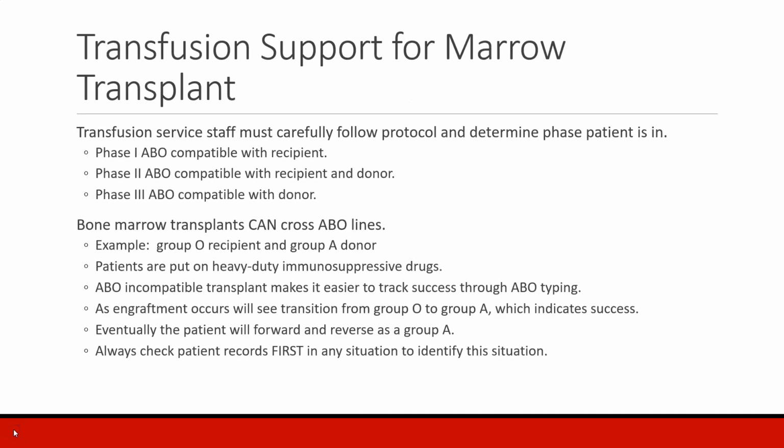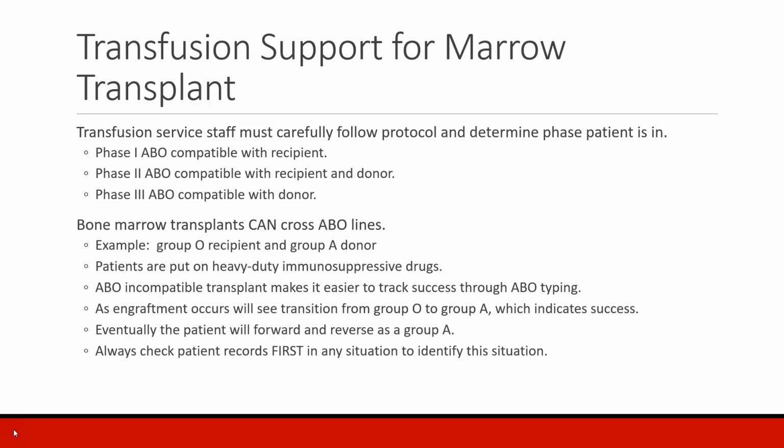Transfusion support. The transfusion service must carefully follow protocols and determine the phase the patient is in. In phase 1, this is right after the transplant's been done, ABO compatible with the recipient, because there's still a lot of blood in the patient.